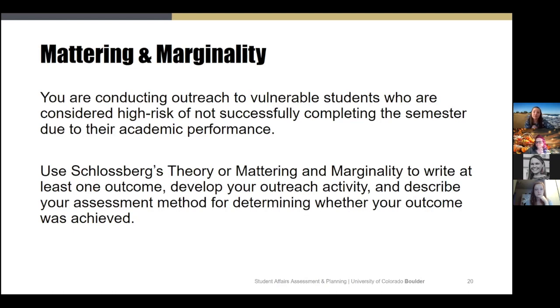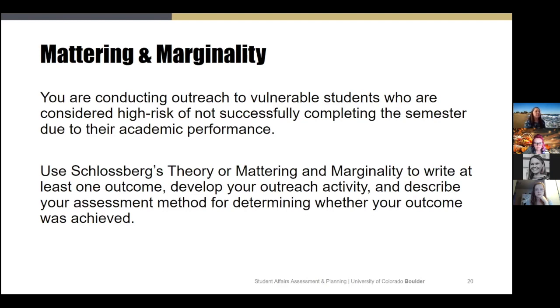So you're going to use the theory of mattering and marginality to, again, write at least one outcome, develop your outreach activity. What does your activity look like? What's the interaction going to be like? What are the types of topics you're going to talk about in your conversation? And describe your assessment method for determining whether you achieved your outcome for at least one of those stages. Does that sound good? Does that make sense?